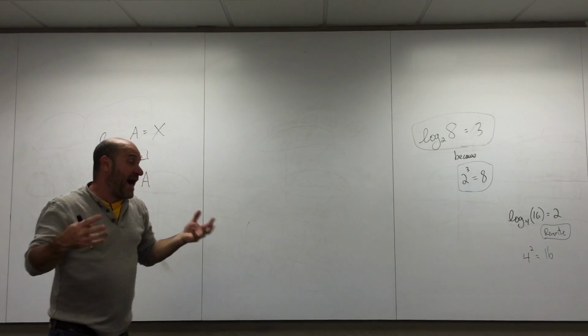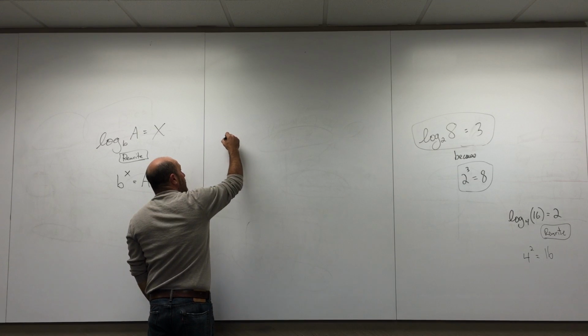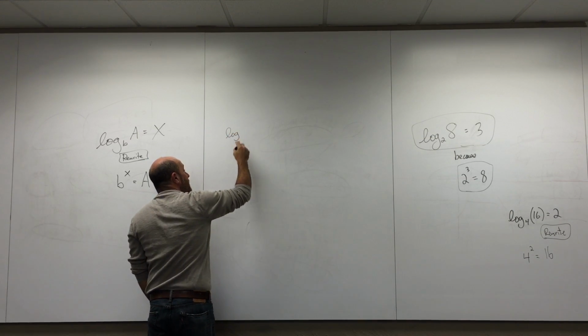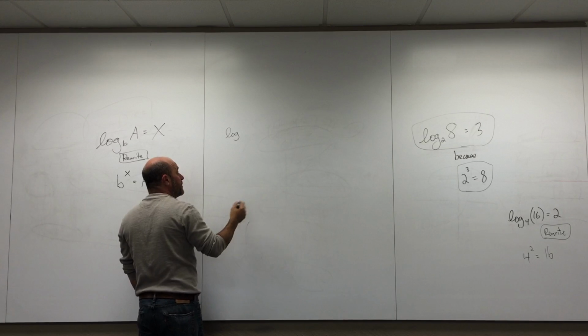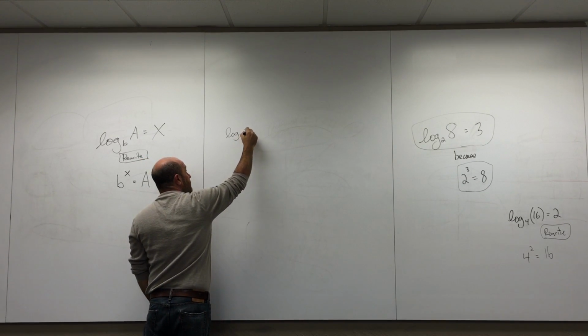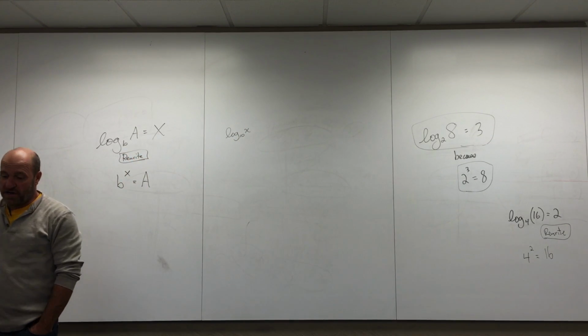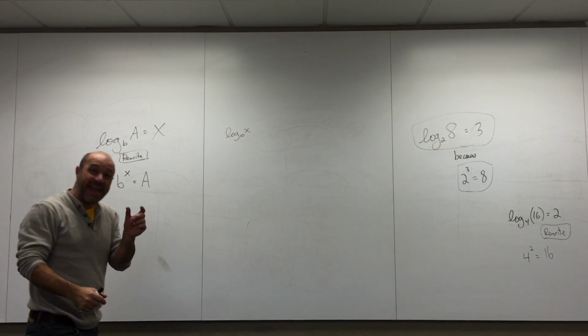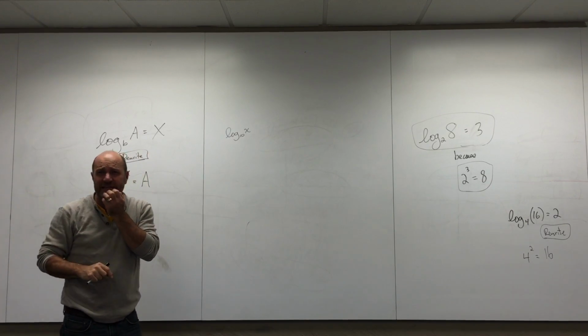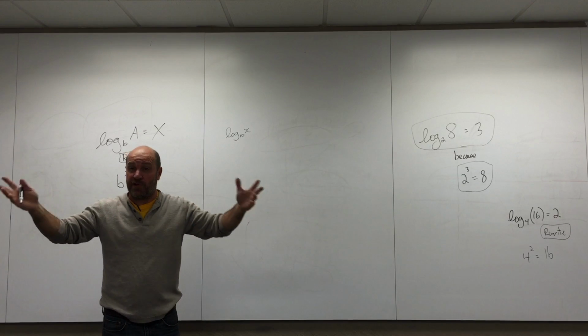So there are all kinds of logarithms. In science, they use log base 10. Log base 10 is a very famous logarithm, and it's used for pH formulas in chemistry. It's used for the Richter scale for measuring earthquakes.